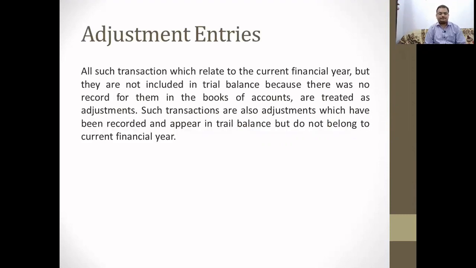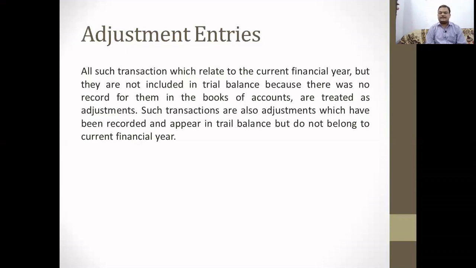Now see, all such transactions which are related to the current financial year, but are not included in the trial balance because there was no record for them in the books of accounts, are treated as adjustments. Some transactions related to the current financial year are not recorded in our books for any reason.